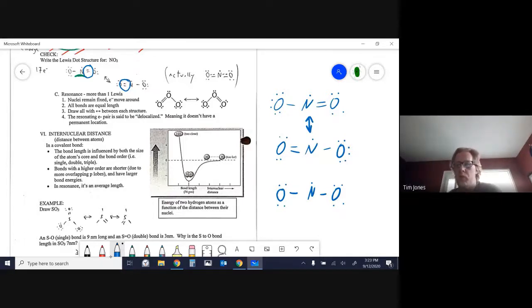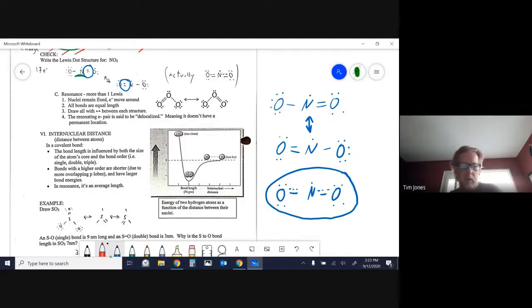And then to show the resonance, you can think of it as the electrons sometimes are here and sometimes are here. So you wouldn't draw this, but it's a good way to think about the way the molecule actually exists.